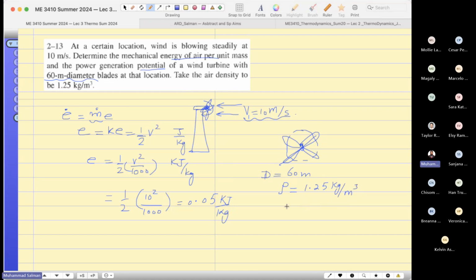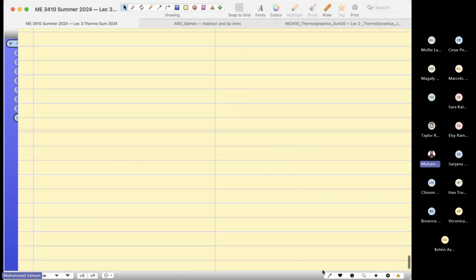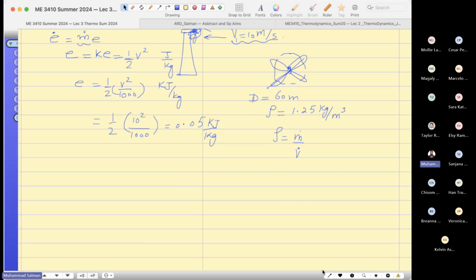And you know that density equals mass flow rate per unit volume flow rate. The volume flow rate is equal to velocity times the area, and the velocity of this air is given as 10, and the area is pi by 4 d squared, where d is 60.